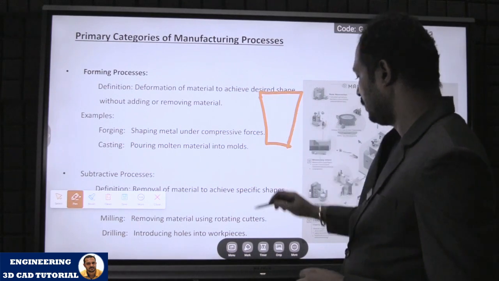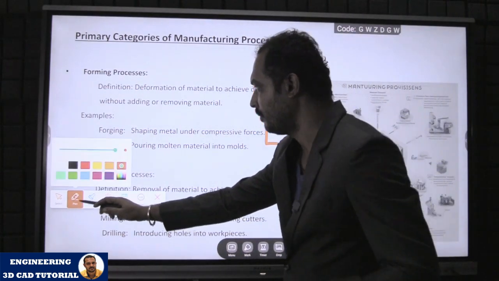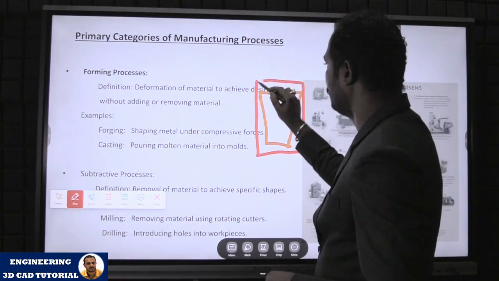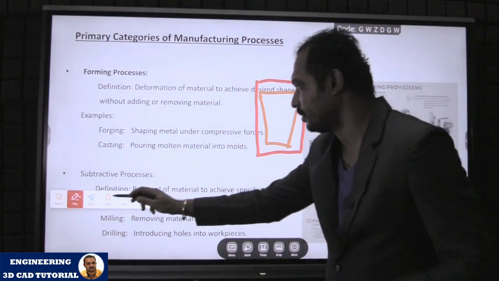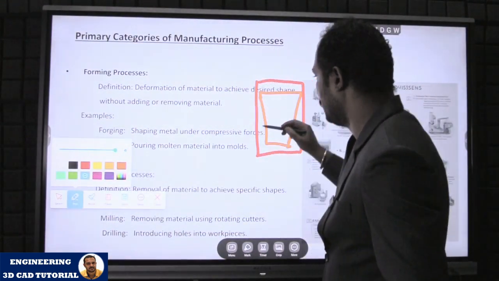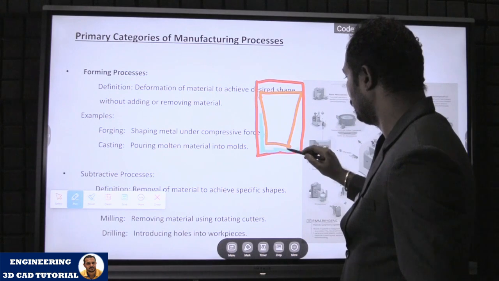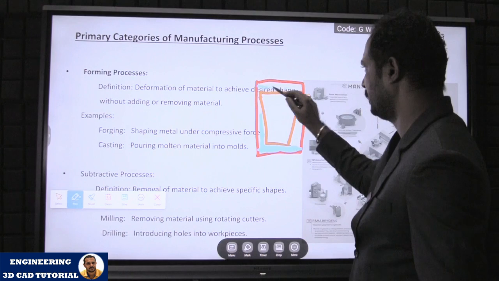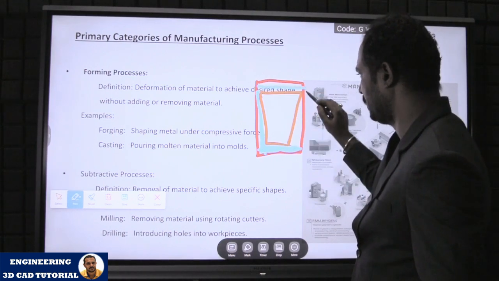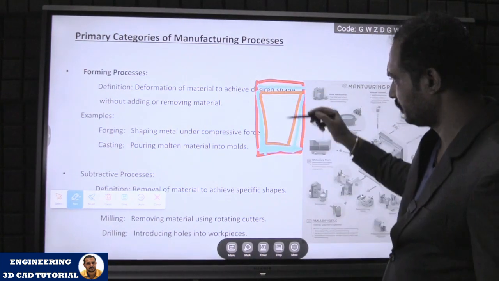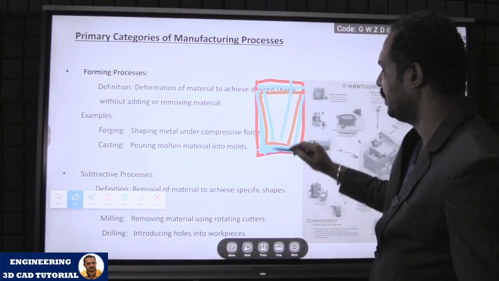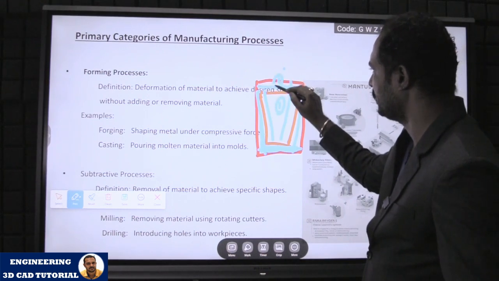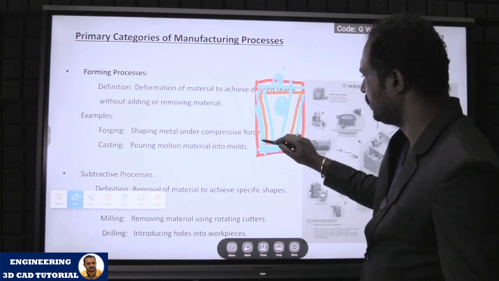You will take a raw material of this size, and you will start removing the material. By turning, facing this side, facing here, taper turning you can do. Later you can do boring. Facing is the first, this one is the second, and this is the third.